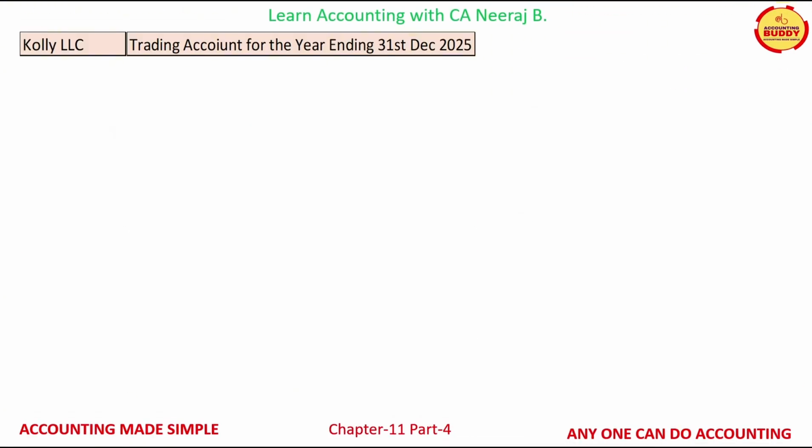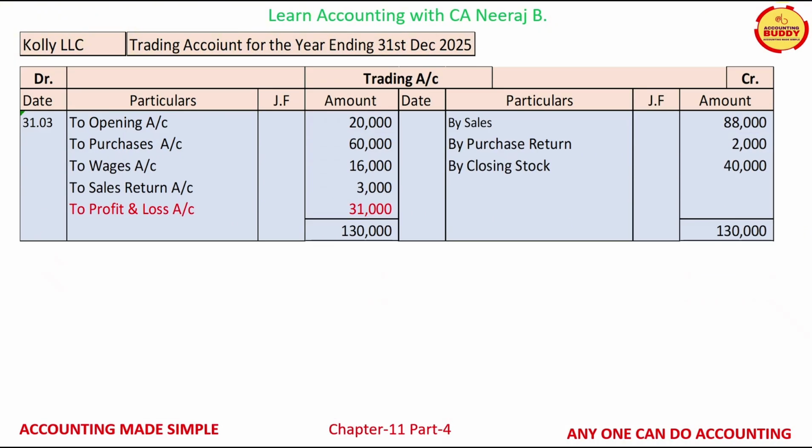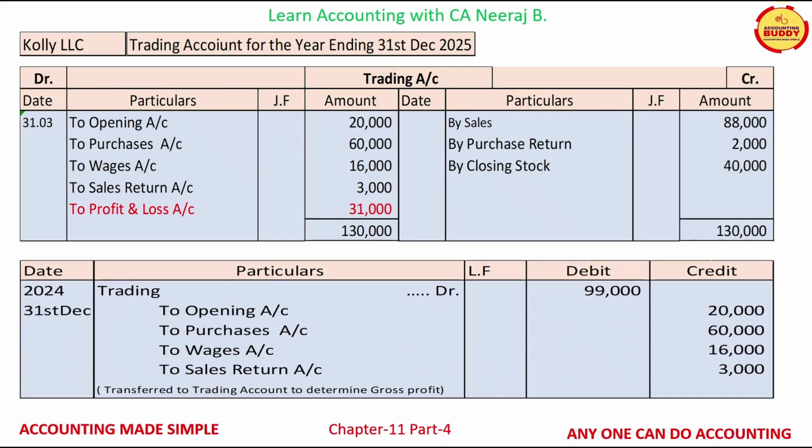Let us understand how the closing entries of the nominal account will be posted in the trading account. Trading account, after posting closing nominal entries, will appear as displayed on your screens. Let us understand how the expense nominal journal entries passed in the previous slide will be posted in the trading account.